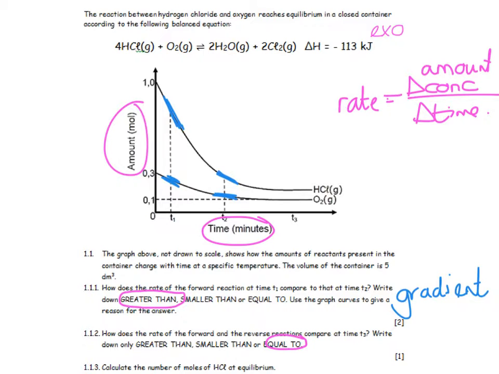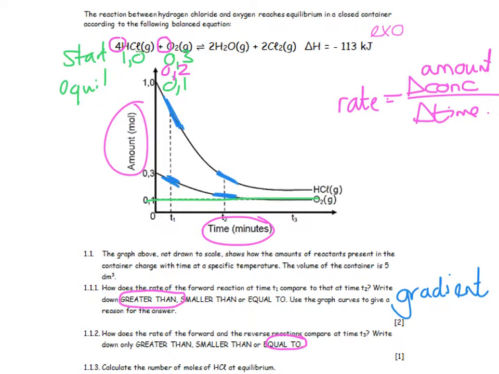So the first thing I'm going to do is consider how many moles I have to start with. Well, I had 1,0 and I had 0,3. That was my start. At equilibrium, I can see quite clearly that I have got 0,1 of the oxygen, which means I must have used 0,2 of oxygen. Now let's look at our mole ratio. I've got a 1 and a 4, so 1 is to 4.